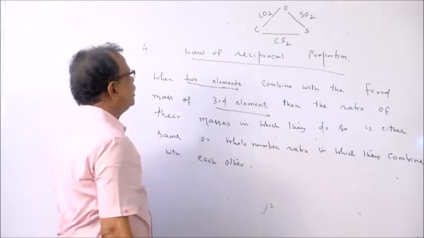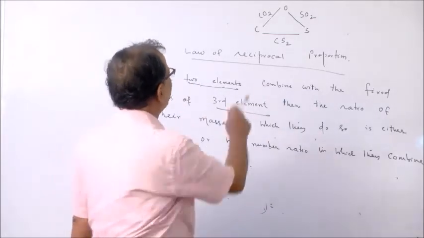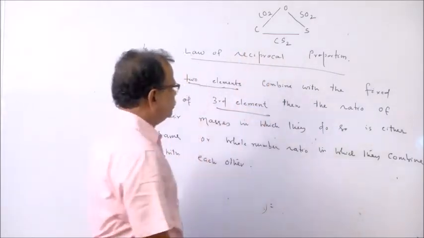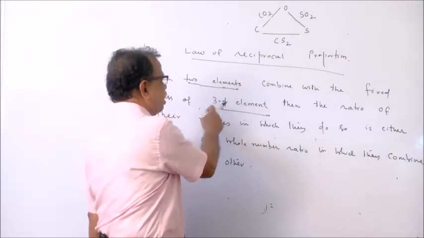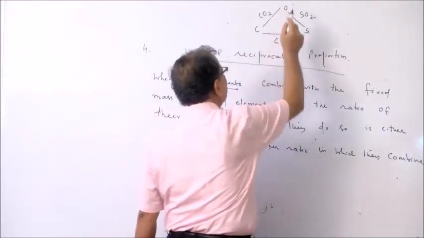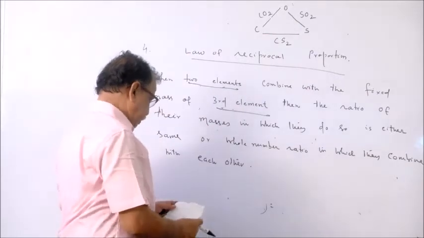Let us take two elements, carbon and sulfur, combining with a fixed mass of the third element, oxygen.